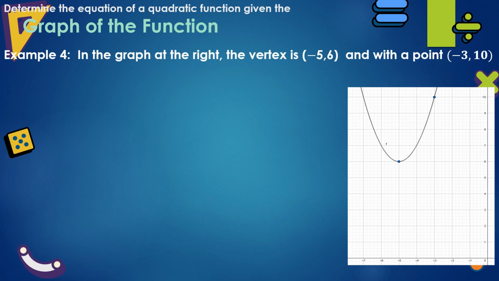Example number 4. In the graph at the right, the vertex has coordinates negative 5 and 6. Let us choose any point. Example, negative 3, 10.